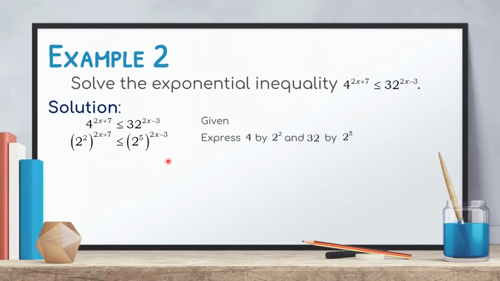Therefore, our expression will be 2 squared raised to 2x plus 7 is less than or equal to 2 raised to 5 raised to 2x minus 3. Again, by applying the power rule, we need to multiply the exponents: 2 times 2x plus 7 and 5 times 2x minus 3. So we will have 2 raised to 4x plus 14 is less than or equal to 2 raised to 10x minus 15.